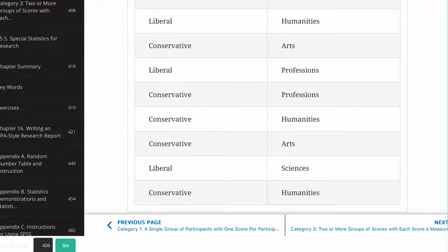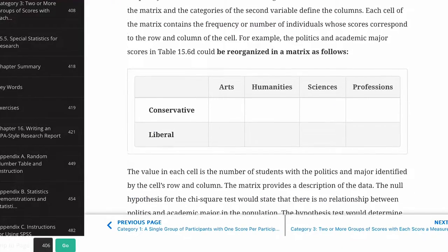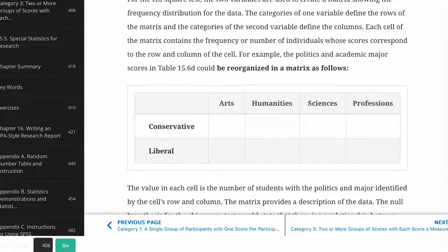So for these numerical data, when you have to do that chi-square test, you would have a matrix of categories of the two variables. On the vertical column here, you have conservative and liberal, and your other variable is along the top there, the academic majors.